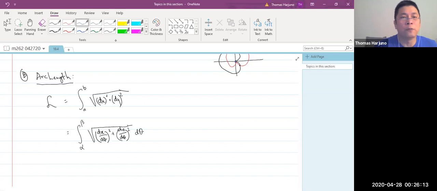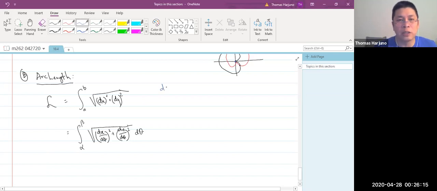I just need to fix two things. What is dx d theta? Well, we know x is r as a function of theta times cosine theta, and y is r sine theta. I need to do the product rule.